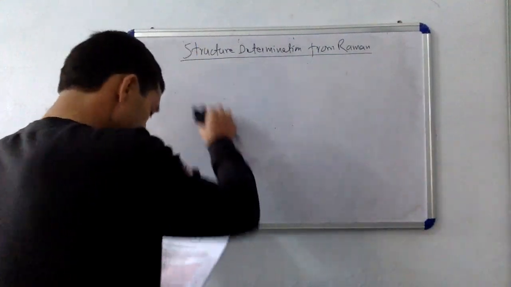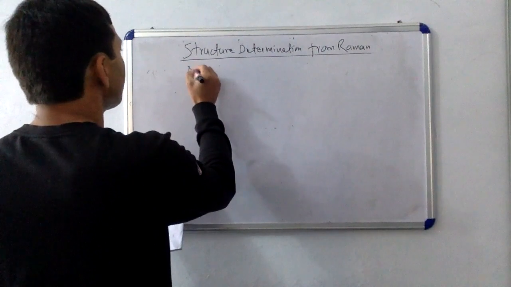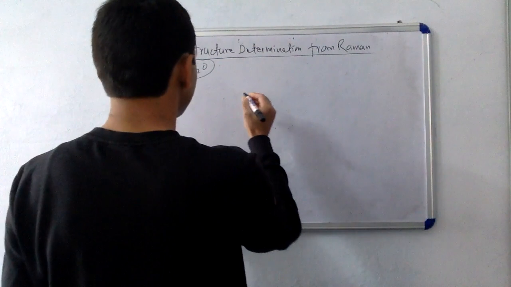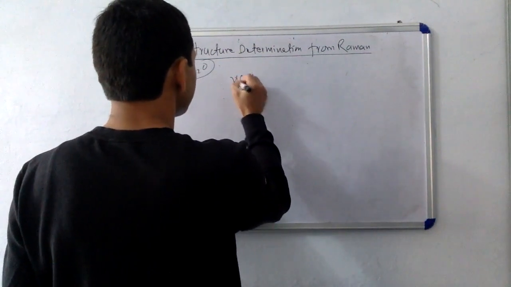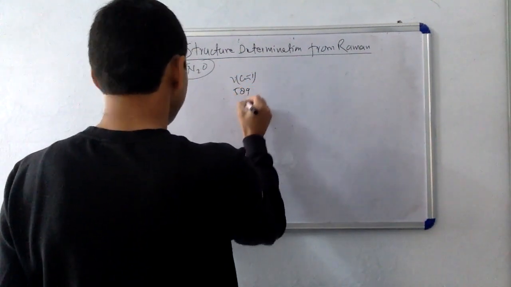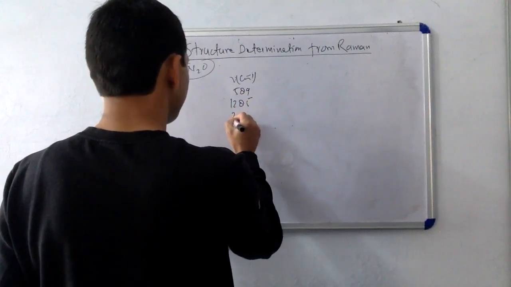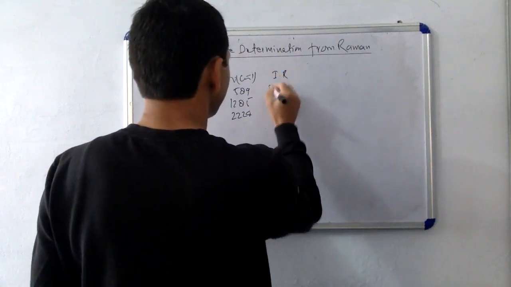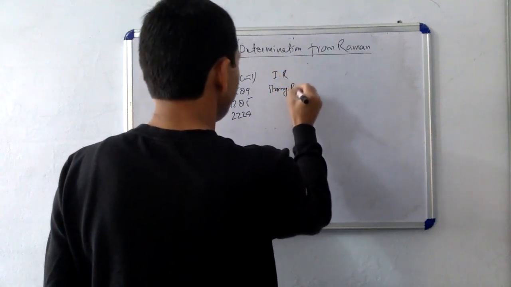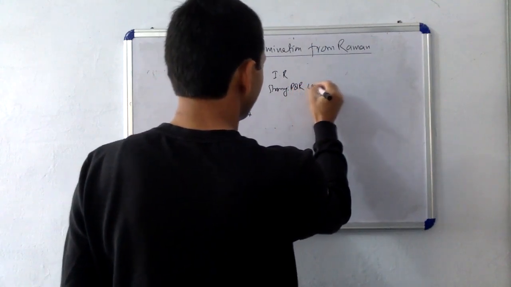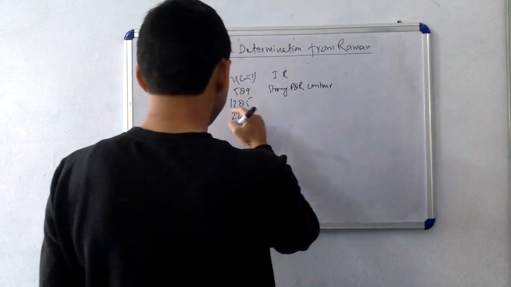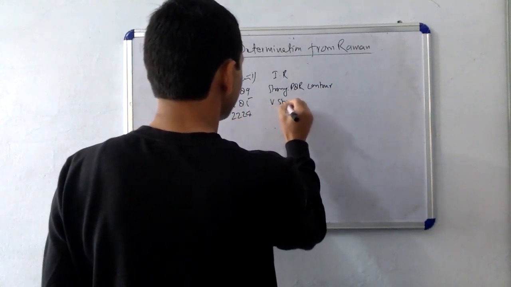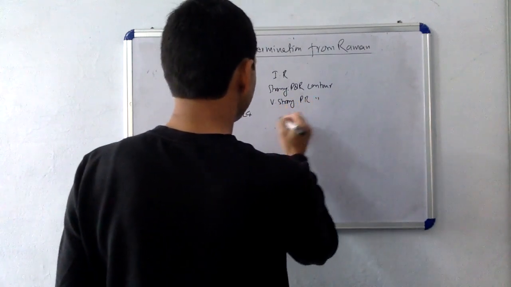Another example is N2O. The observed spectra for N2O are at 589, 1285 and 2224 centimeter inverse. In the infrared, corresponding to one wave number we get strong PQR contours, and at another we get very strong PR contours.